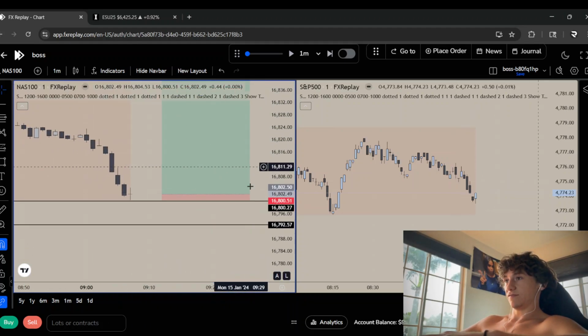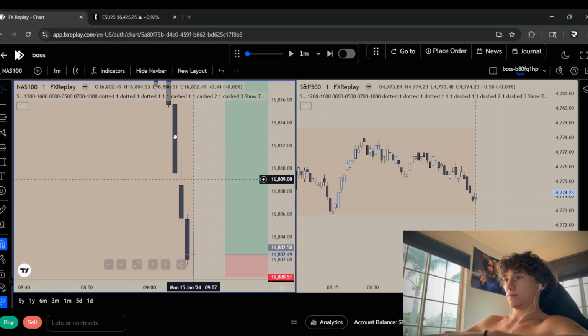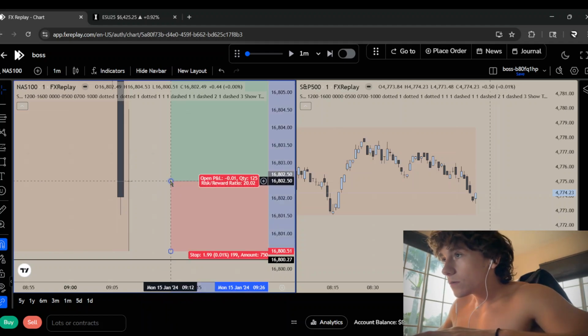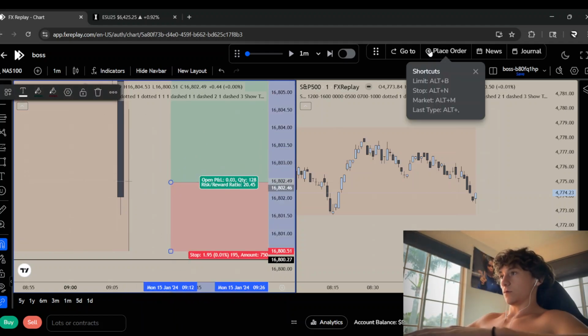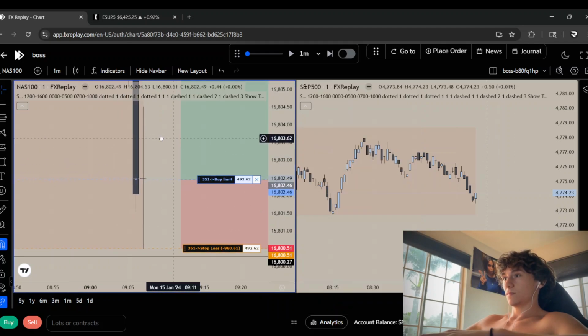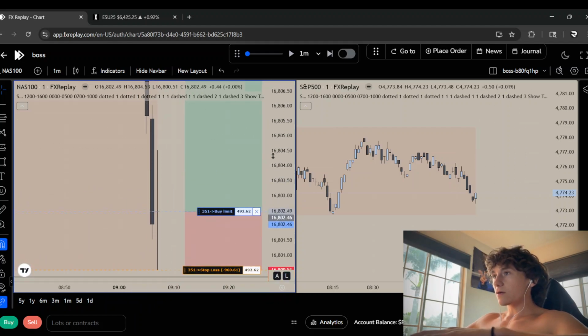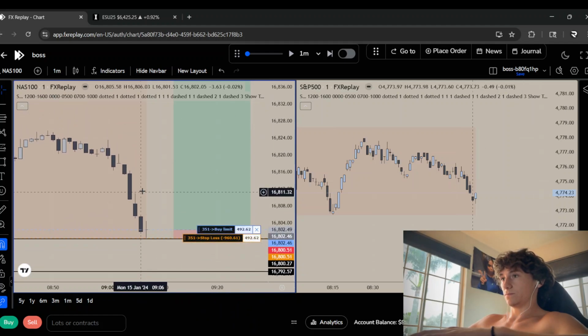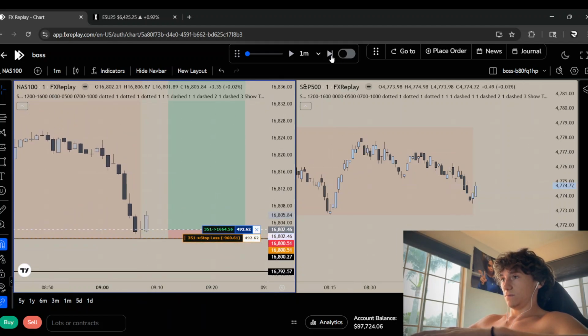I would take that on ES, but I'm not trying to trade ES anymore. So we're just gonna, there. We're risking $960 to make a 1 to 20. All right.